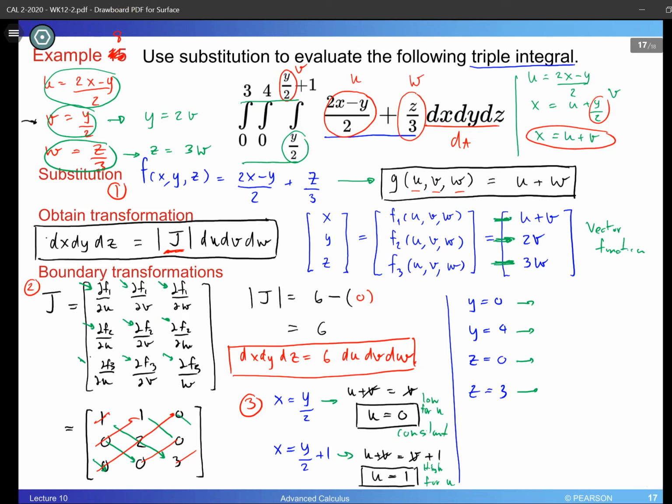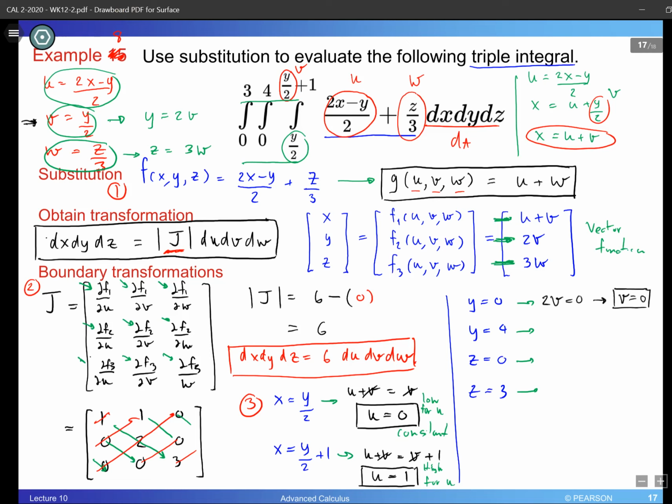Now let's move to y equal to 0, and change this in terms of UVW. So y is equal to 2v. So 2v equal to 0, which means that we have v equal to 0 as the next boundary.